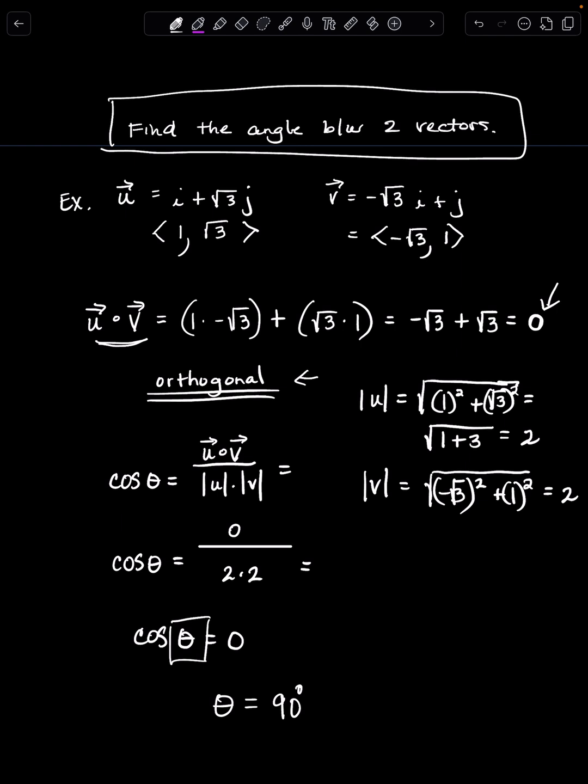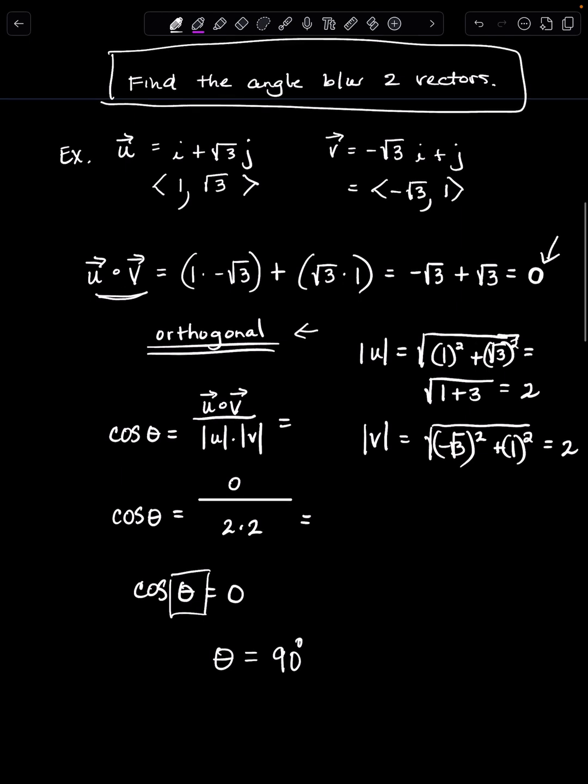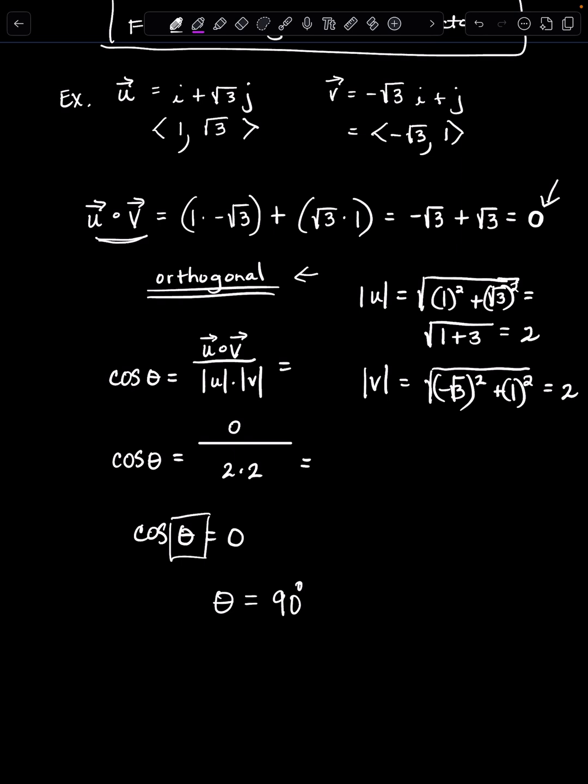All right, let's draw a picture of that so you can see it. If I were looking at the sketch of these vectors, our first vector is 1, root 3. So there's my vector u.